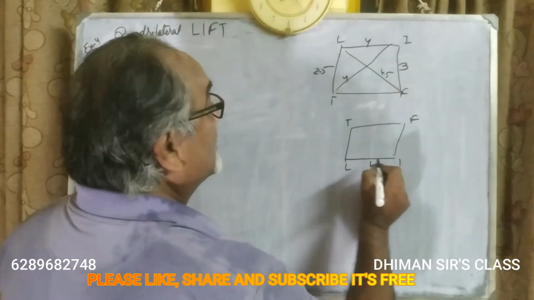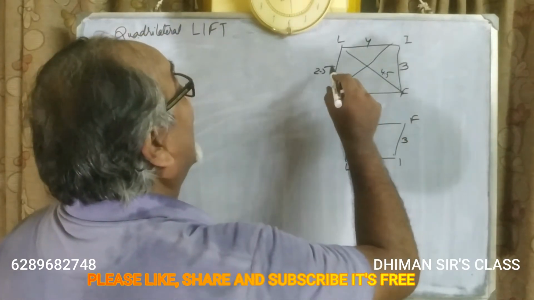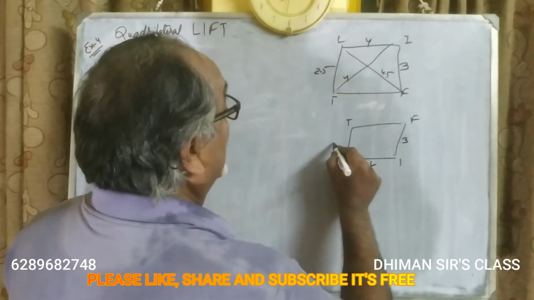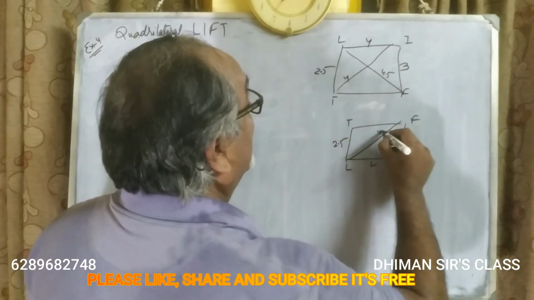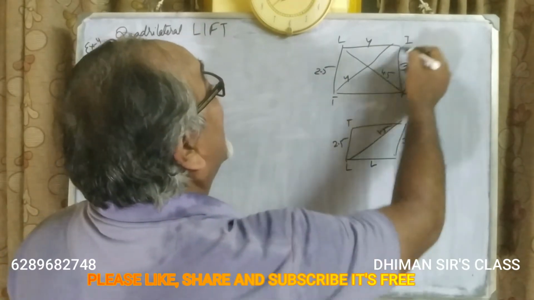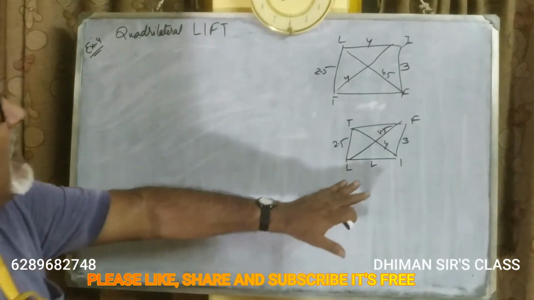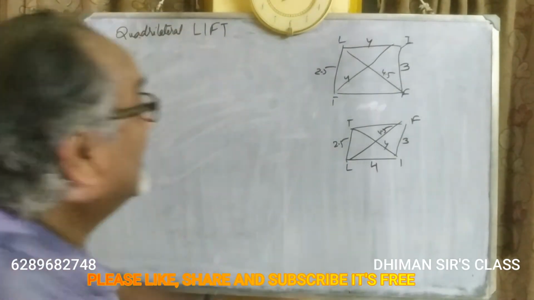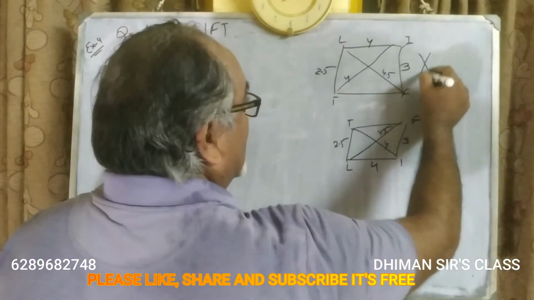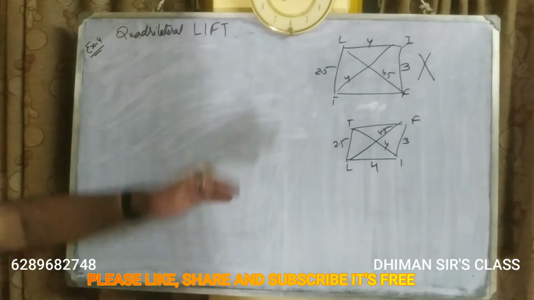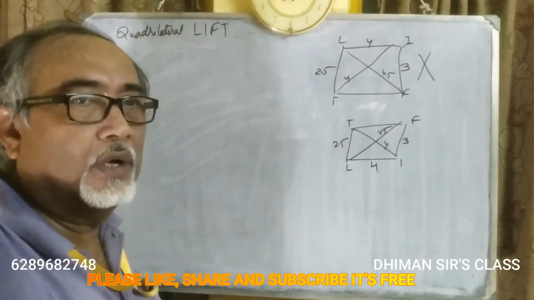In that case, LI is 4, IF is 3, LT is 2.5, LF 4.5, IT 4. This will be convenient for us, as it would be difficult for us to draw the other way, so according to our convenience we are going to draw in this way.